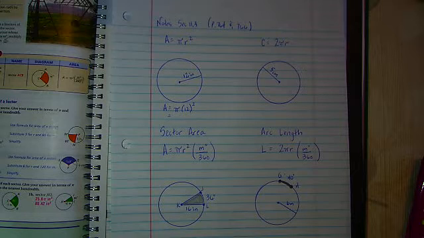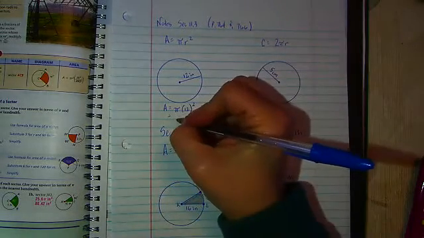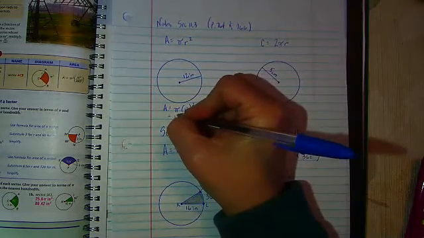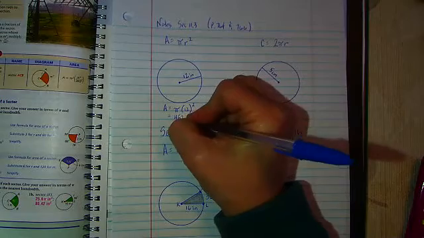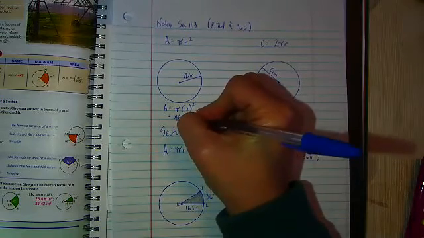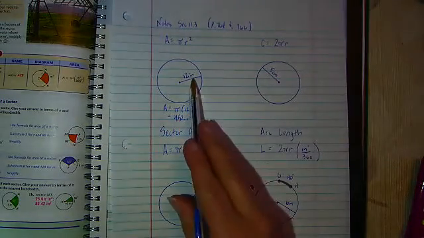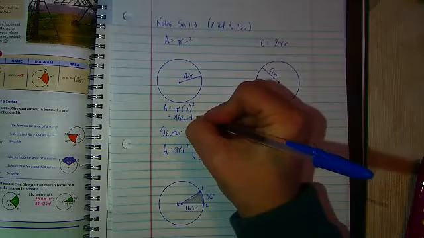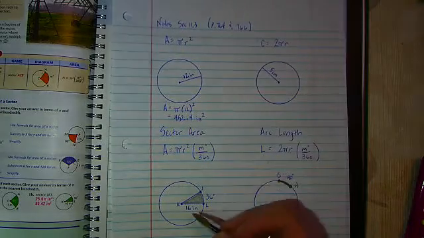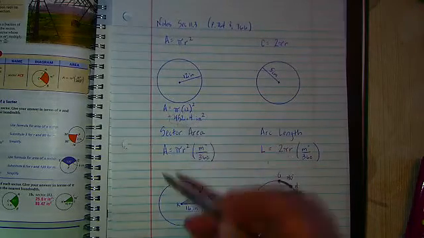I am looking at 452.389 and a bunch of other digits. So to the closest tenth, I'm going to say 452.4. And again, area is always in square units. So in this figure, it would be inches squared. And that would be my area of the circle.